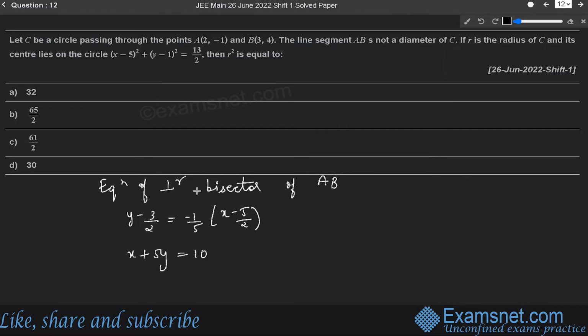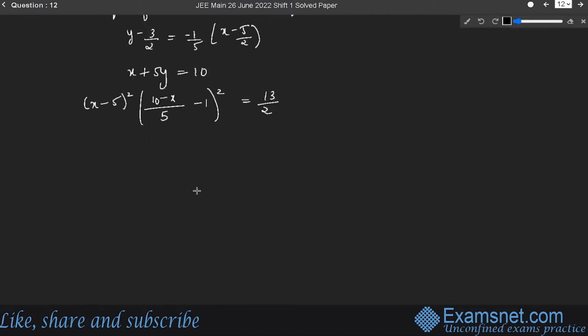Now, solving it with the equation of the given circle, it can be written as (x - 5)² + ((10 - x)/5 - 1)² = 13/2. So, we can say that (x - 5)²(1 + 1/25) = 13/2.